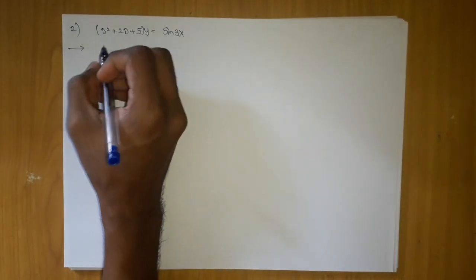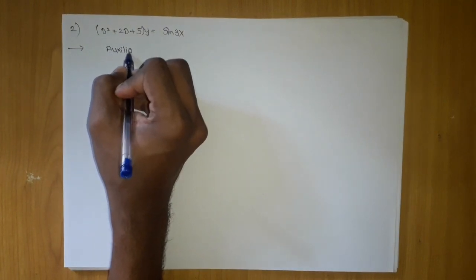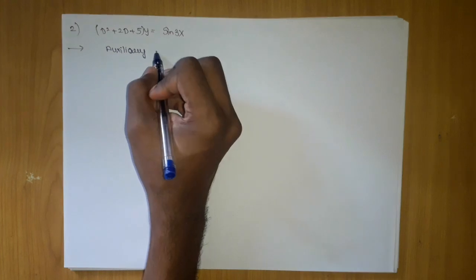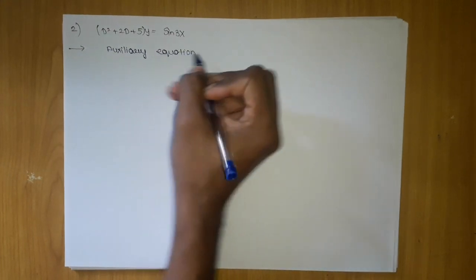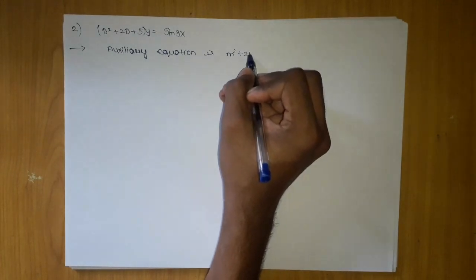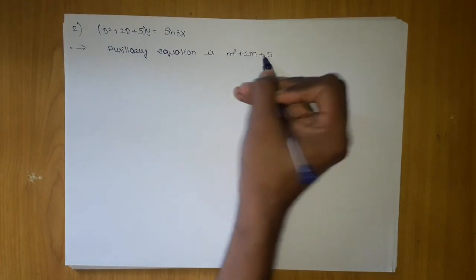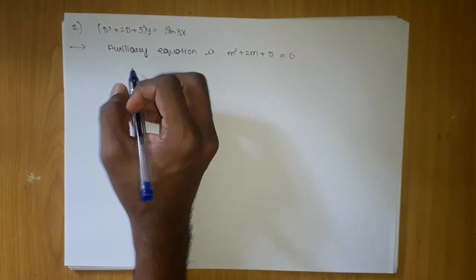Now let's solve this. Here you can make out that the auxiliary equation is nothing but m square plus 2m plus 5 equal to 0. Now you know m will be what? Complex.